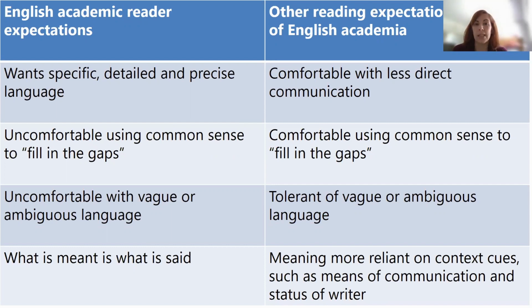What is meant is what is said. Whereas in reader responsible writing in other academic cultures, writing in other languages, those readers are comfortable with less direct communication. They will fill in the gaps. They will figure out vague or ambiguous language, and they will deal with metaphor, context cues, and those implications and inferences in a way that English academic readers just won't feel comfortable doing.